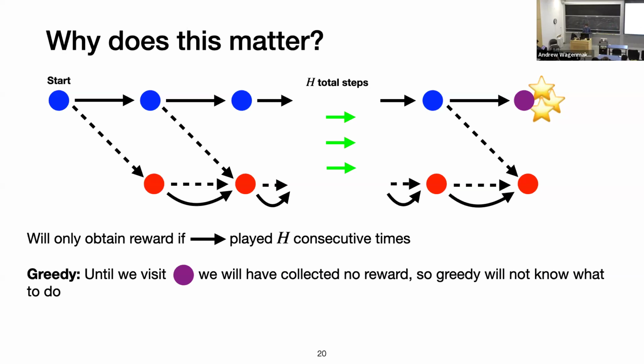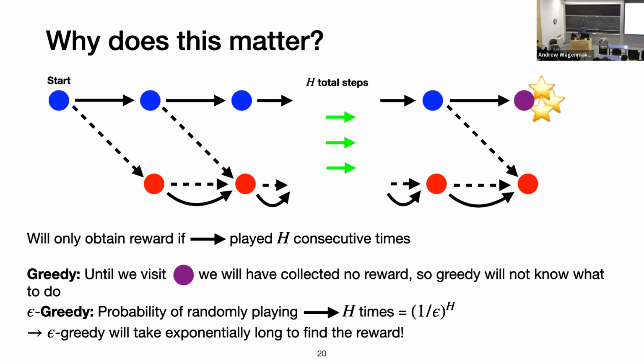So now let's think about epsilon greedy. In epsilon greedy, if I don't have any prior information, again, I don't know that taking the solid action will get me to the end. If I'm playing actions randomly at every step, what is the probability that I sample the action that takes me to the end h consecutive times?